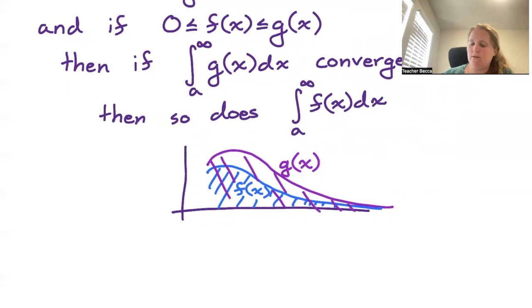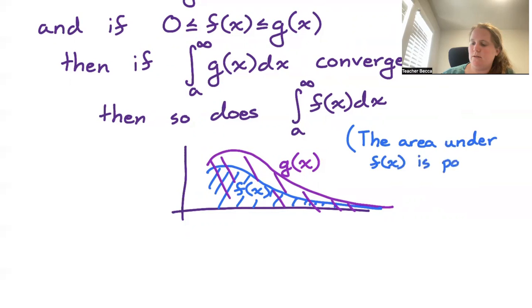And so if the g of x integral is finite, it would make sense for f of x to also be finite, right? So essentially what we have here is that the area under f of x is part of the finite area under g of x.